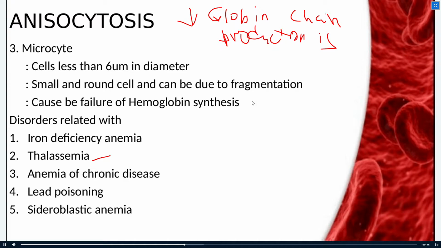And when your globin chains are decreased in production, they would not be able to bind the ferrous iron, leading to your microcytes.